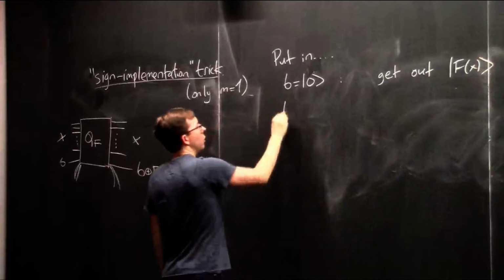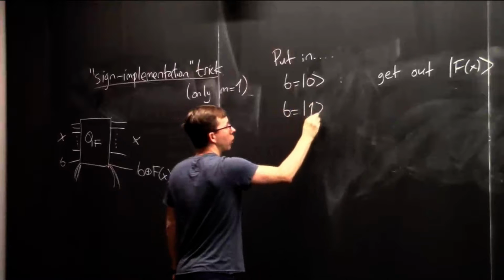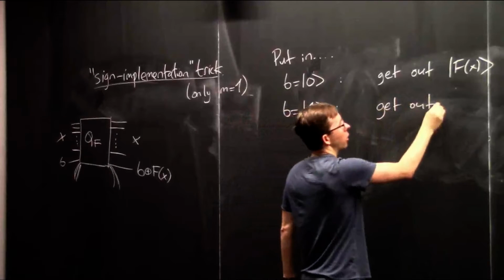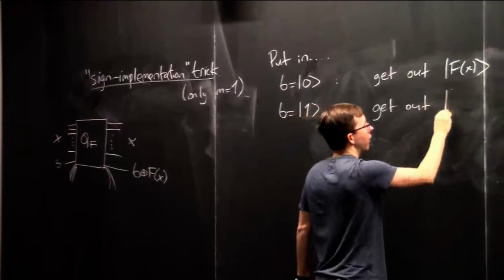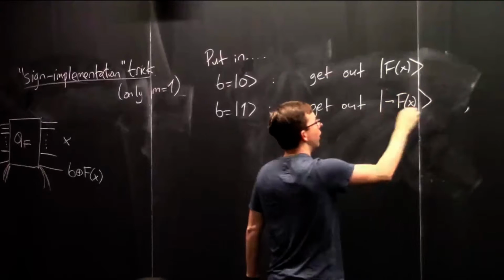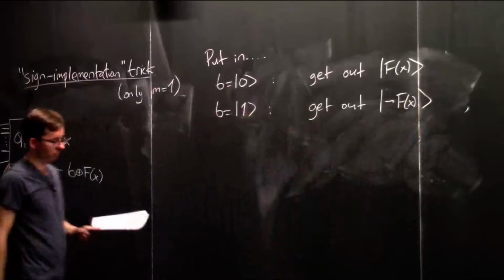If you put in b to be 1, for whatever reason, then you get out, well, 1 XOR a bit is the negation of that bit. So negation of f of x. Here's my little symbol for not.